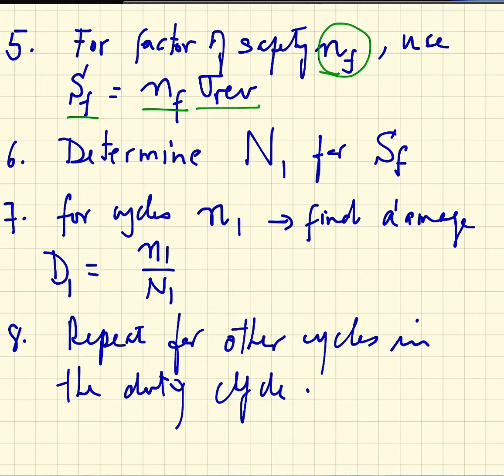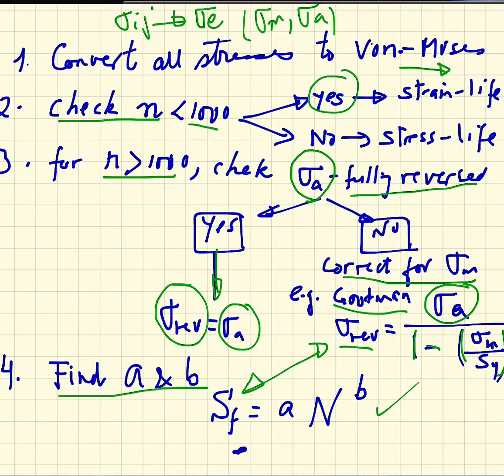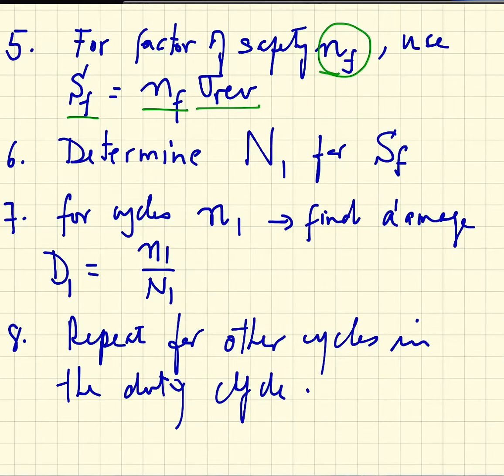So if we require a factor of safety of 1.5, and we have a mean stress, then number one, the alternating stress has been amplified to become sigma reversible. Number two, sigma reversible has become amplified to become NF, which is 1.5 in our case, times sigma reversible.